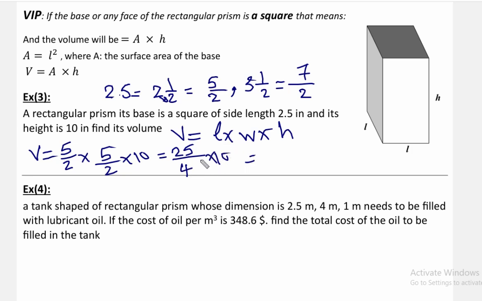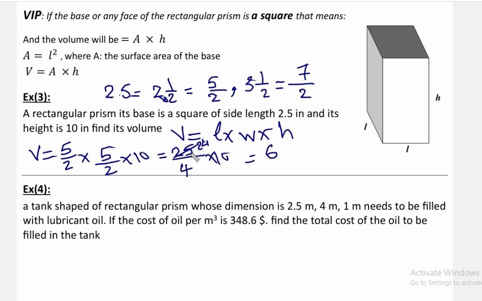Then 25 divided by 4. 24 is not a multiple of 4. So choose a number that's close to 25 as a multiple of 4, which is 24. 24 divided by 4 is 6. And we have a remainder. Don't forget the remainder.